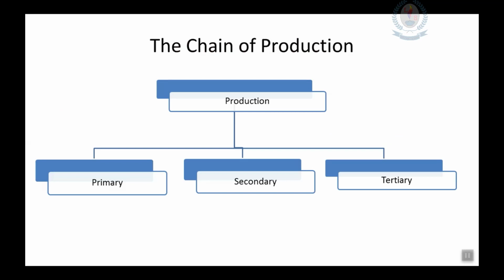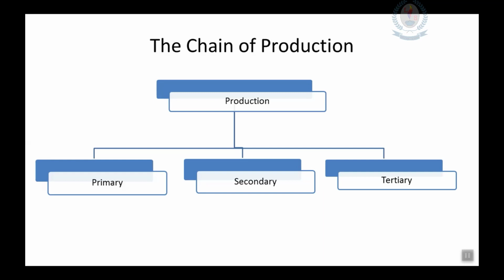The chain of production. There are three types of production: primary, secondary and tertiary. Primary sector means the first stage of production. It is concerned with obtaining or extracting natural resources from the earth, such as minerals, raw materials or food.